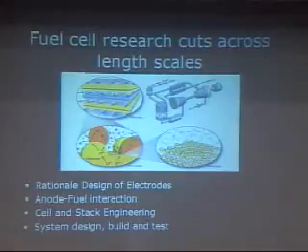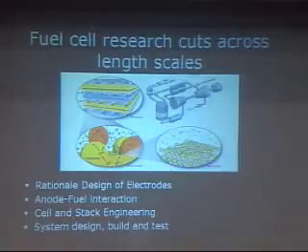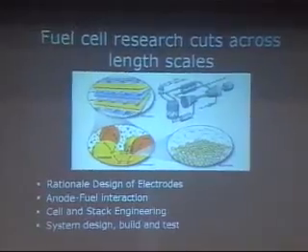Moving to the left, there is a need to develop the structure of the material at the micrometric length scale. And then moving up, there is a need to design the overall mechanical structure at the scale of millimetres. And then, of course, there is the system aspect that needs to be considered.